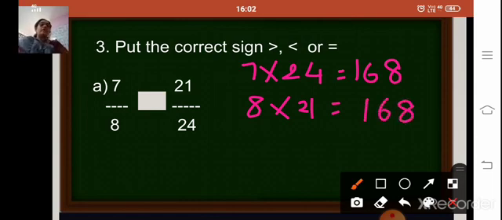So the products of the first fraction and the second fraction are the same. So here you will put the equal to sign, that is 7 upon 8 is equal to 21 upon 24. Okay. So solve it aside and then put the correct sign.